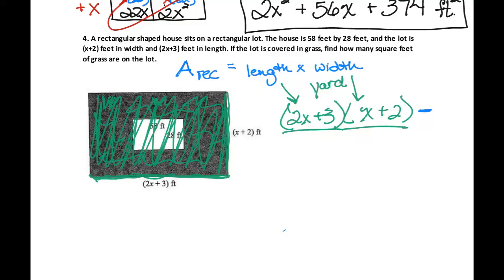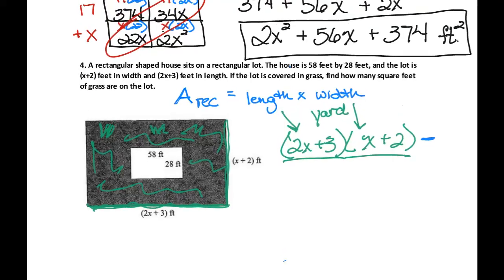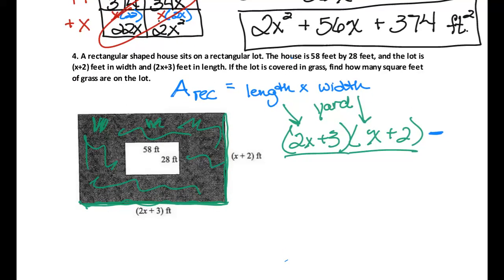Well, what is the area of the house? What is the area of the house? Is it not also a rectangle? Okay, so what's the area of the house? How could we find the area of the house? Multiplying. So somebody with a calculator, what is 58 times 28?